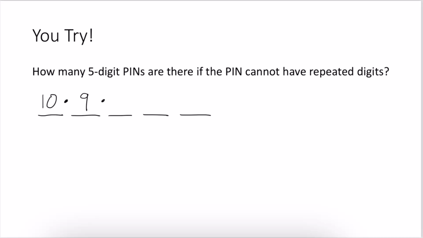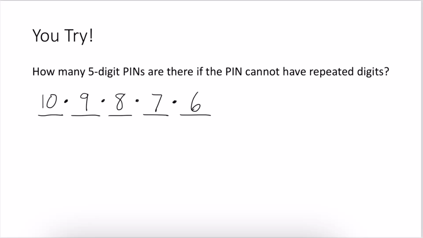Then the third choice will only have 8 options, because you don't want it to be any of the digits you've already used in the first 2. And then the fourth one will only have 7 options, and the fifth digit will only have 6 options.